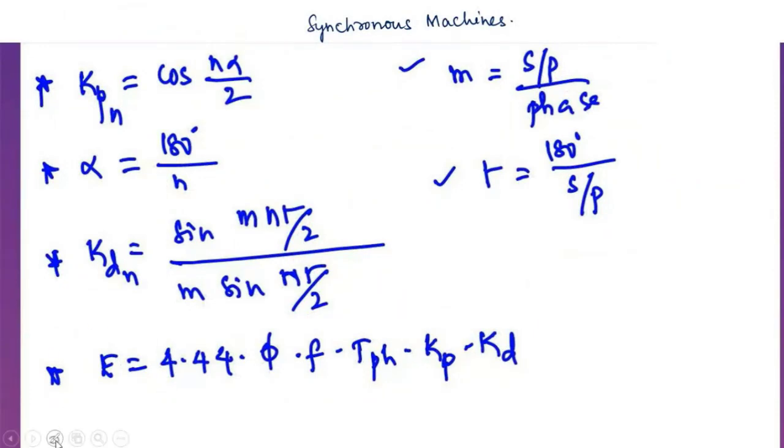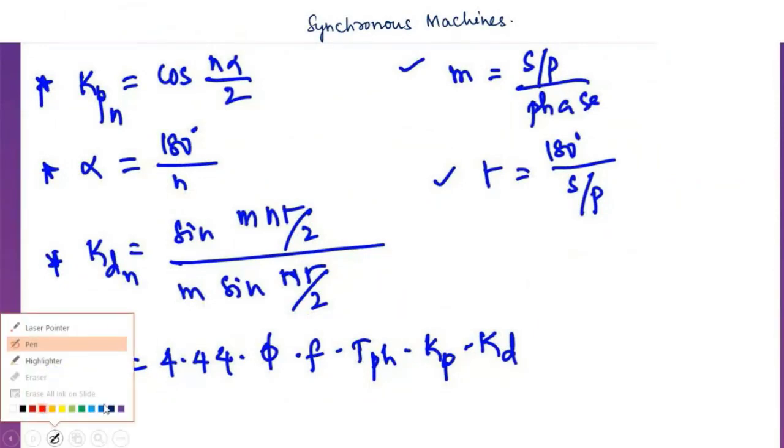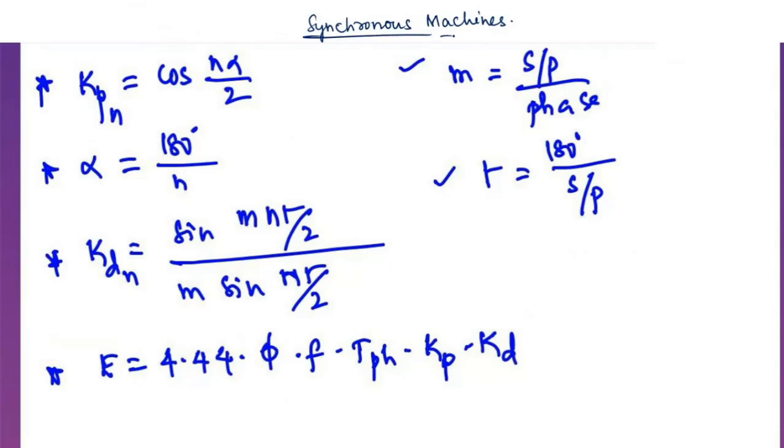And the next one is synchronous machines. Here the questions can be on pitch factor, can be on distribution factor. So the pitch factor to eliminate nth harmonic is cos n alpha by 2. And alpha is the short pitched angle, and it can be written as 180 by n.